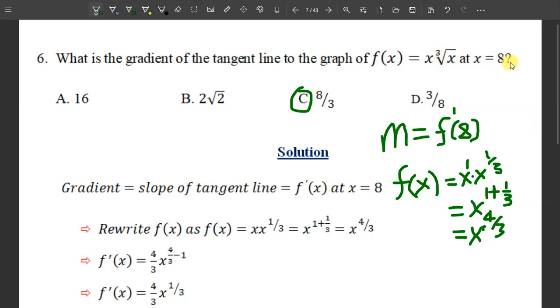If you are asked to find that equation, once you have the slope, then what you have to do is find one point, the point of tangency on the graph of this function, which means our f of 8 is equal to x, replace x by 8, times the cube root of 8.